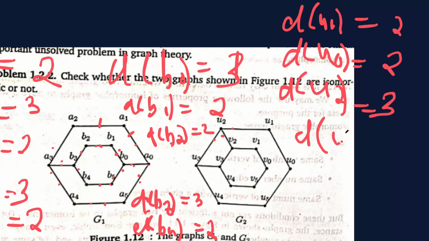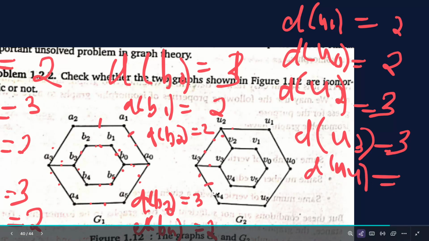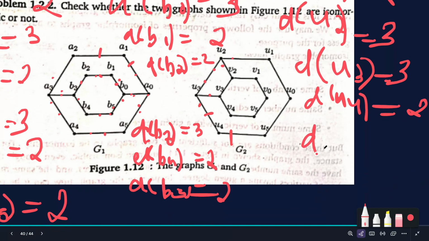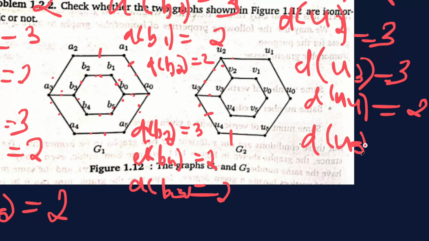Degree of U3 is 3. Degree of U4 is 2. Degree of U5 is 2.